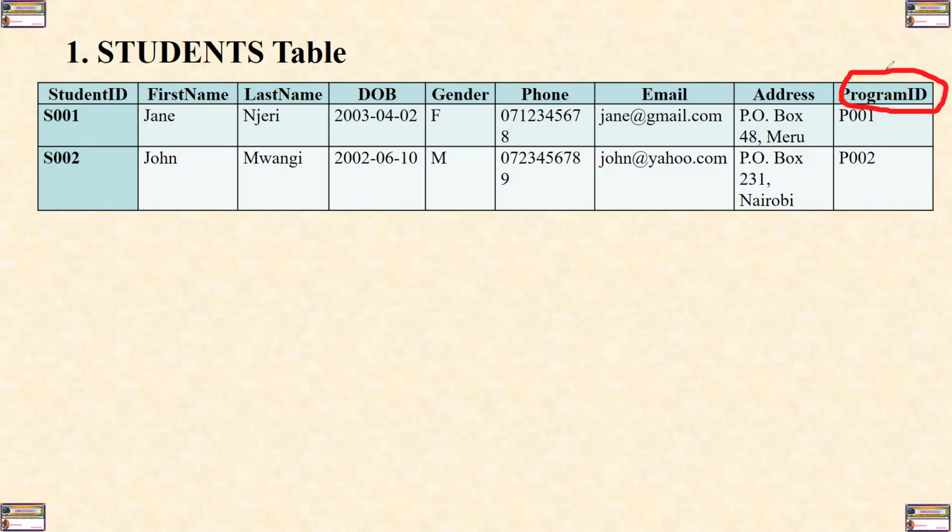So as you come up with your tables, it is important to ensure that each table contains a certain field which can enable you to see the link between that table and information in another table. That's why we have a field called program ID in our students table, which links to the other table and the information we need to have in it.